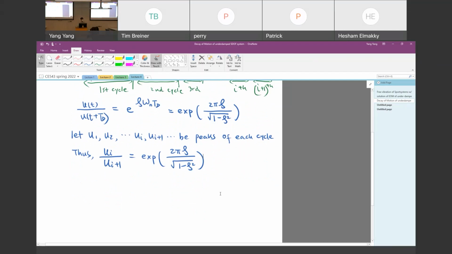Any questions up here? Very straightforward. So all the derivation is based on the solution.